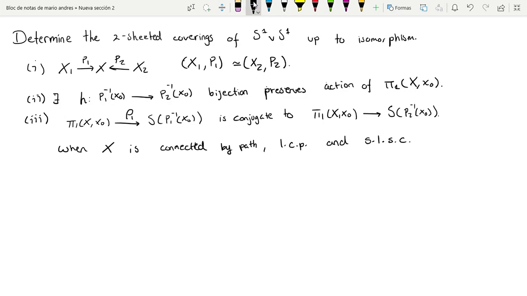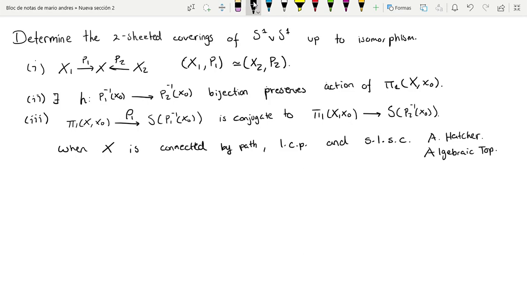All of these definitions you can find in Allen Hatcher's book on algebraic topology, in the covering spaces chapter or section. So we have these three affirmations that are logically equivalent, and let's see what each one means.